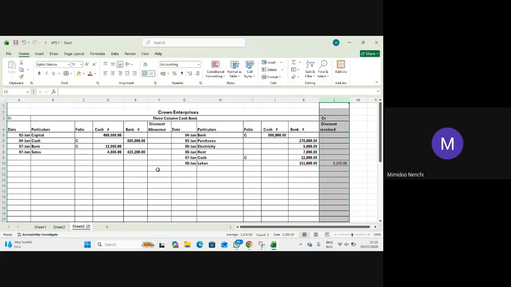Cash wages paid 5,000. We have cash sales of 171,150. Likewise, we also made cash wages of 5,000 naira. So how do we treat this?